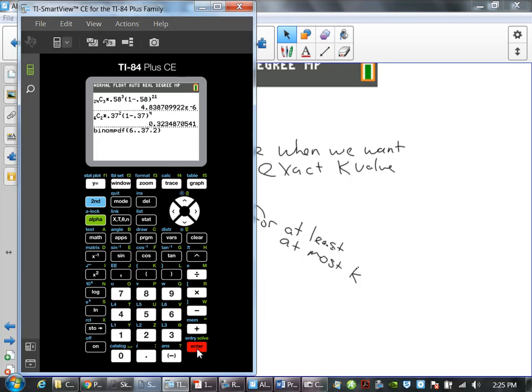First thing you put in is your number of trials. In this case, it's going to be a 6. After that, do you know where the comma button is? It's between the 7 and the sign. Then you put in your P value, 0.37. And then you put in your comma. How many do you want exactly? 2. And then you hit enter, and lo and behold, they're the same number.